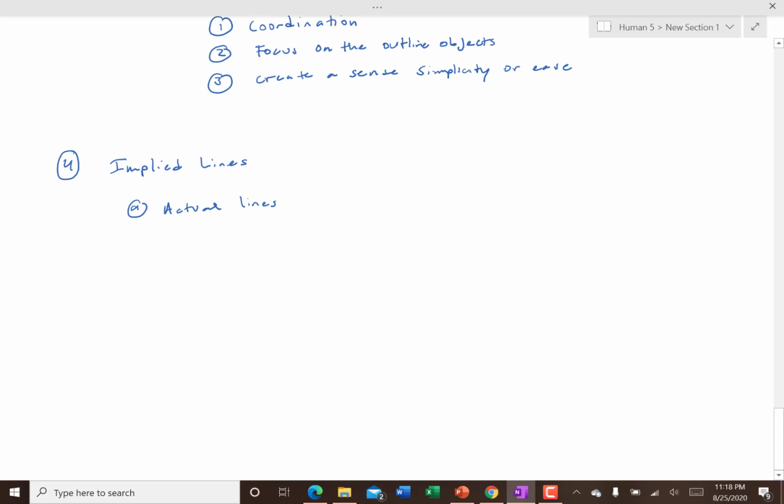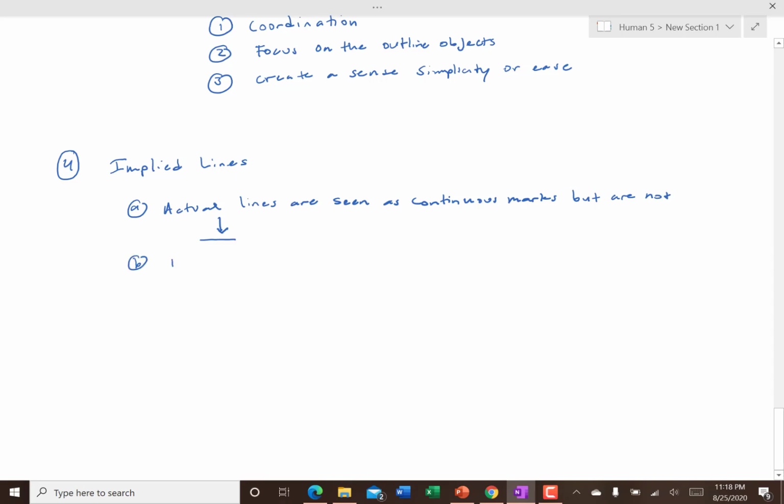An actual line is just this. That's an actual line, right? That are seen as continuous marks, but are not.